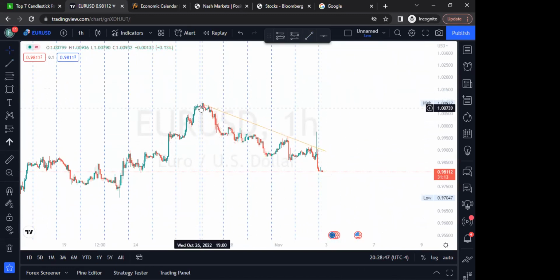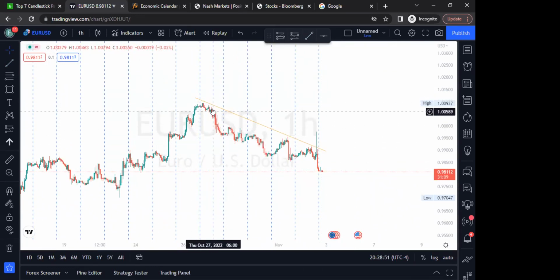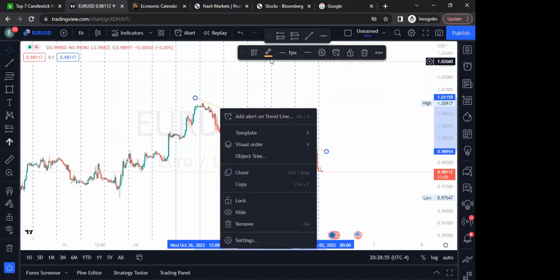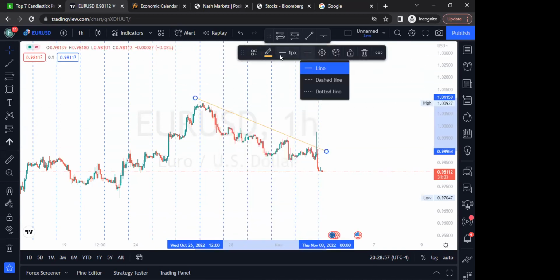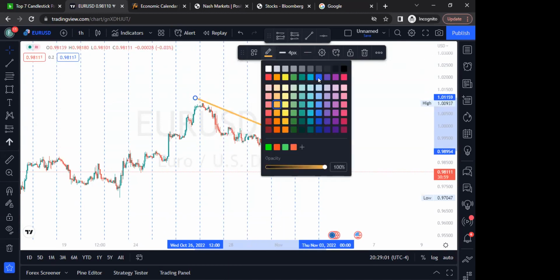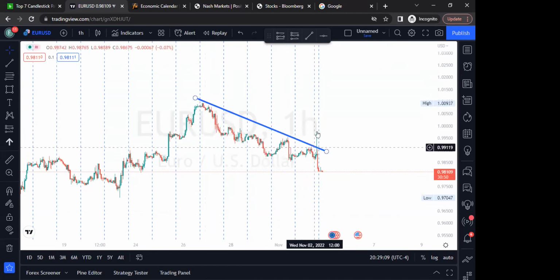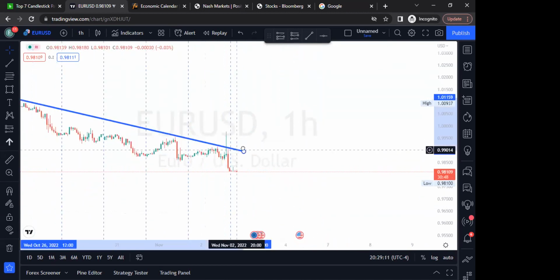Once you see price breaking the trend line, which is this line right here, let me make it a little bigger. If you see price start breaking this line, going above it, it only broke right here once, so we won't count this as a break.